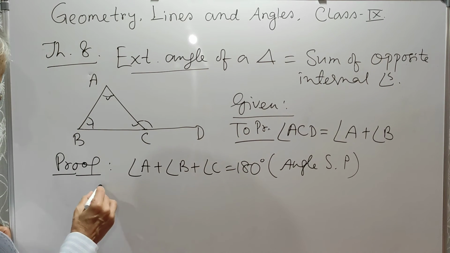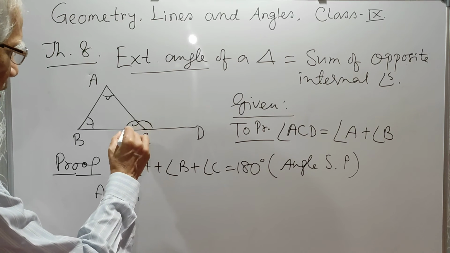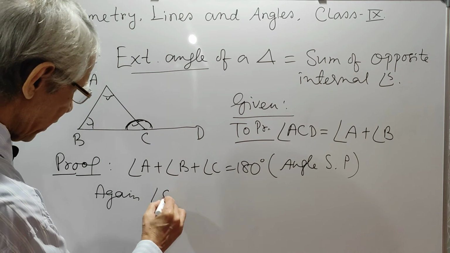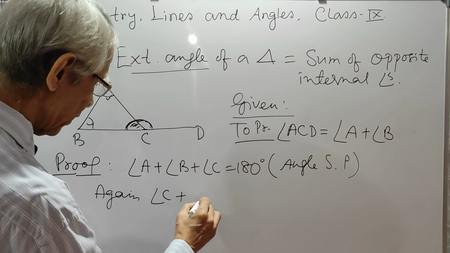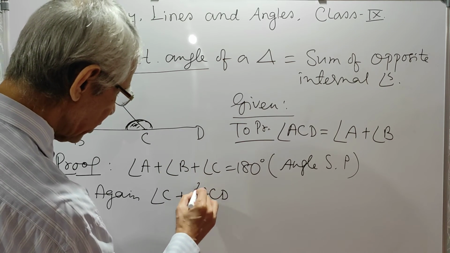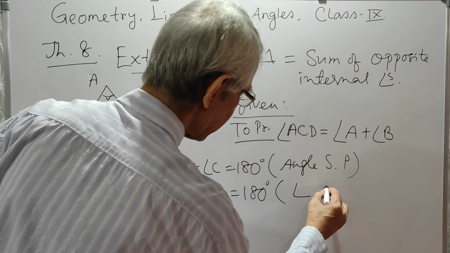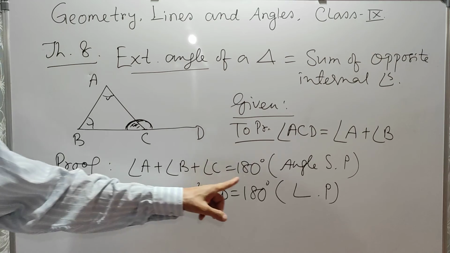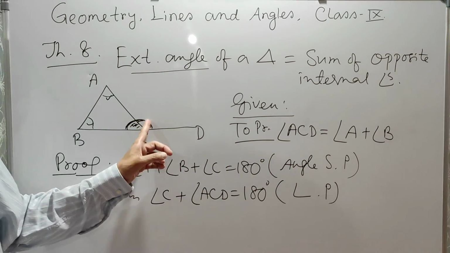Again, this plus this is 180 degrees, linear pair. Angle C plus ACD, again this plus this equals 180 degrees. What reason? Linear pair. So this plus this is 180 degrees using angle sum property, and this plus this is 180 degrees because of linear pair.